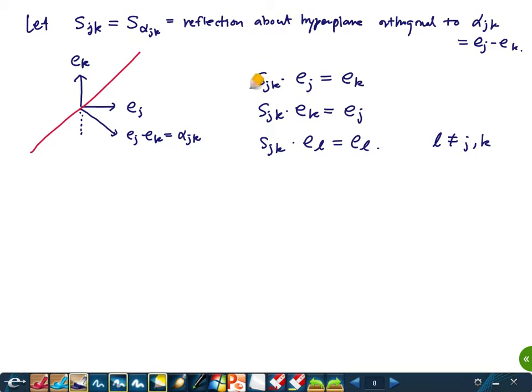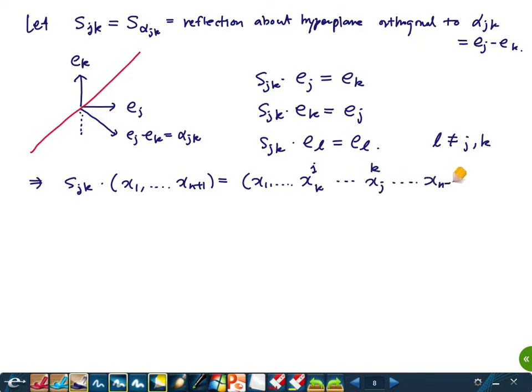So this operation permutes the coordinates: it switches the jth coordinate and the kth coordinate, while it doesn't do anything to the other coordinates. So s_jk applied to (x_1, ..., x_(n+1)) is like x_1, ..., with the jth coordinate and the kth coordinate switched.